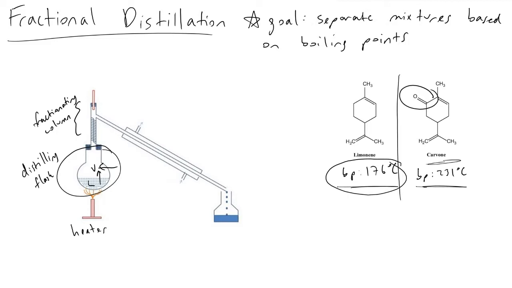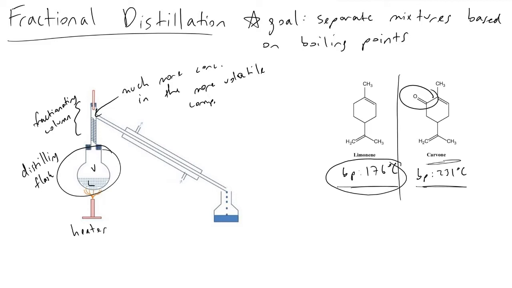And so that series of evaporations and condensations is going to happen many times within our fractionating column. And so by the time a vapor molecule makes it to the very top of our fractionating column, it's going to be much more concentrated in the more volatile component relative to the concentration just above the surface in our distilling flask.